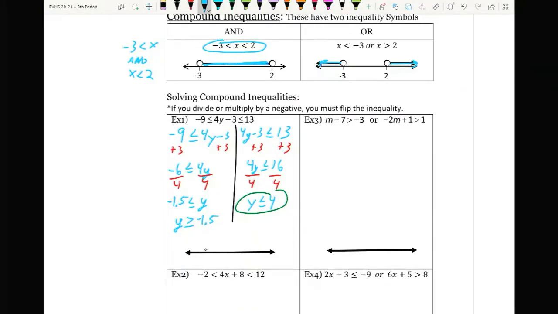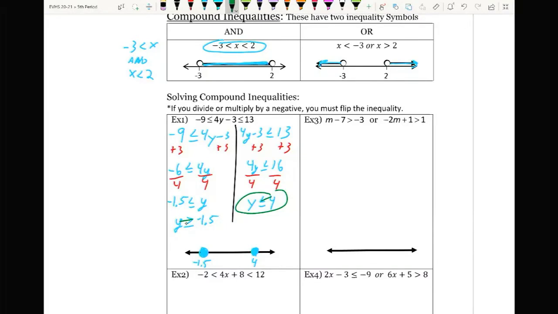And the reason that I like that is because, let me go ahead and put my numbers on here. It's equal to, so that's going to be a closed dot. That's equal to, so it's going to be a closed dot. Now, the reason I like that is because essentially with a less than or greater than sign, if the variable's on the left, you could always just draw a horizontal line out of it, and that less than or greater than essentially is the arrow, which is the direction it should be pointing.